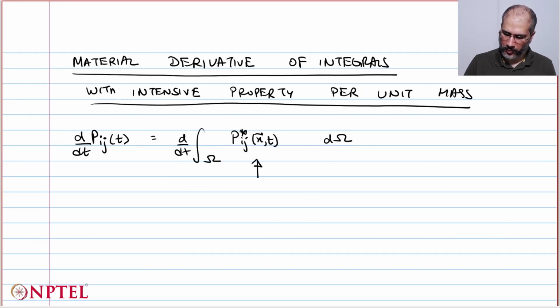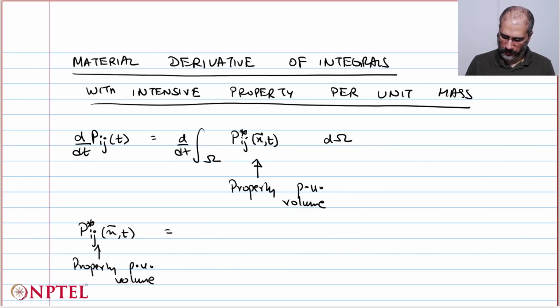So here this quantity was a property per unit volume. But now since we are interested to write this integral for a property per unit mass, we can write P star, which is written per unit volume.